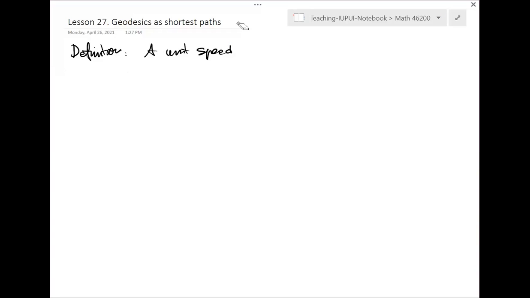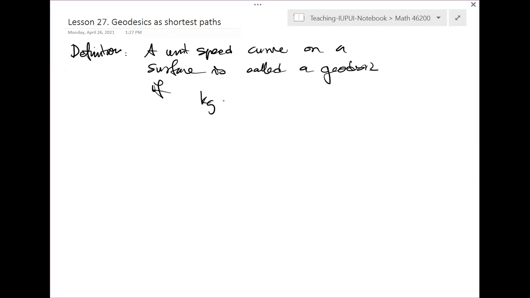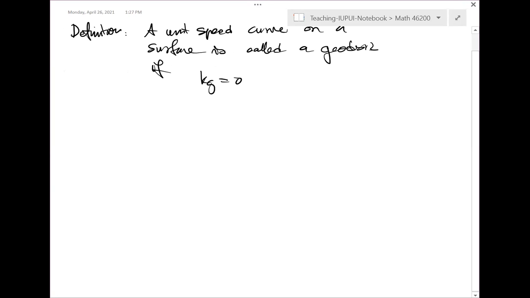A unit speed curve on a surface is called a geodesic if the geodesic curvature is 0. And then you can find two equations which can characterize this. This is the first definition of geodesics.